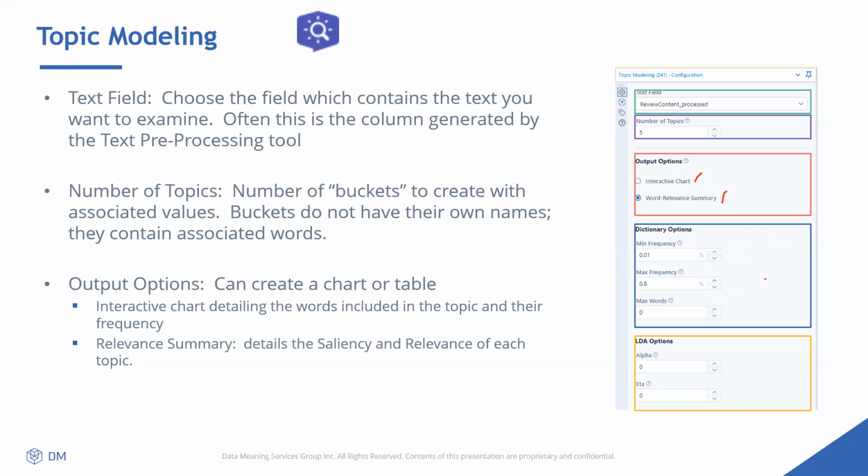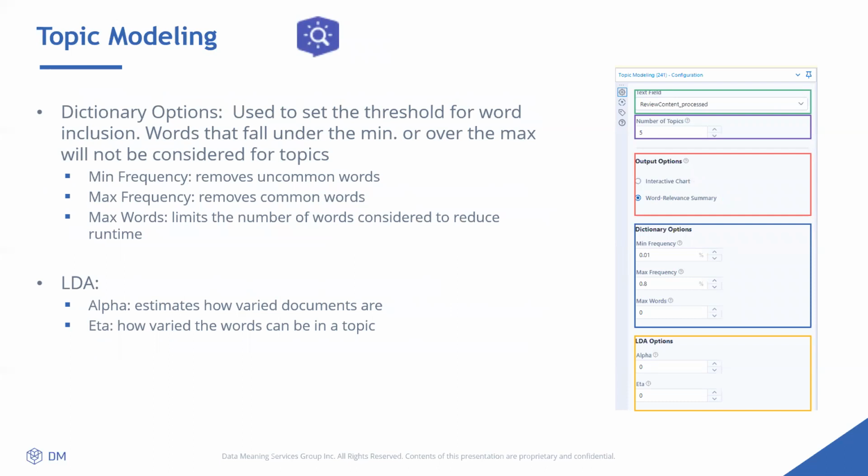LDA side of things, we're going to see that, actually, I'm going to shift forward one here. And these are some more technical pieces that you can look at under LDA options. We've got alpha and ETA. So the alpha, the larger value means that you'll have more topics per data entry that you have. Lower values are going to be fewer topics, so it'll make things more concentrated.